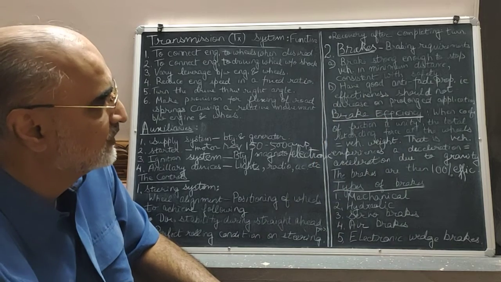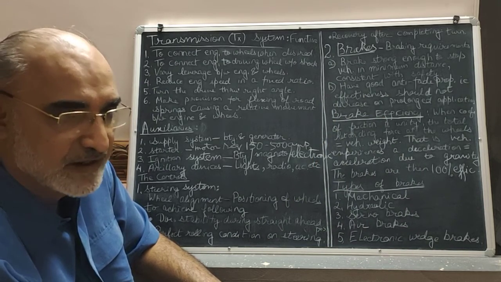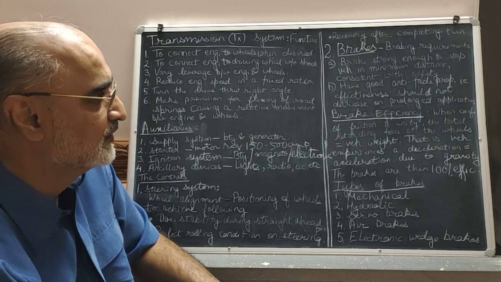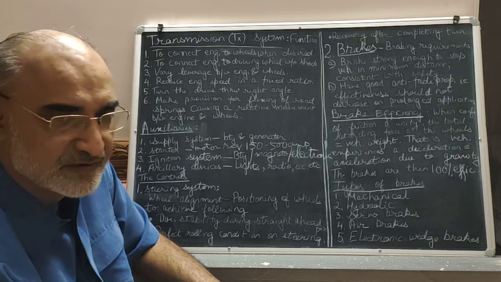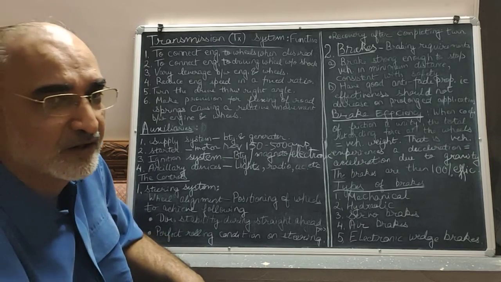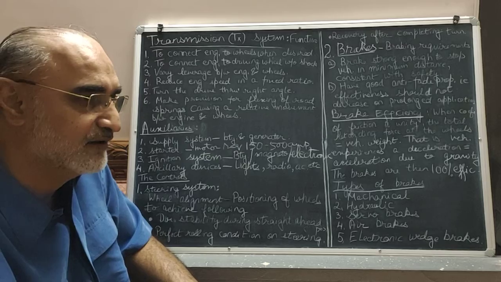Secondly, the brakes should have good anti-fade properties, that is, the lining material should be such that the effectiveness should not decrease on prolonged application. A lot of research has been carried out on the material of brake lining. We will cover that subsequently.